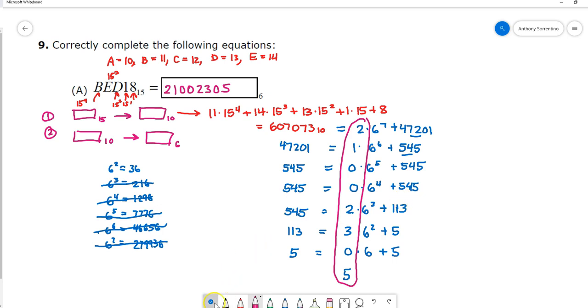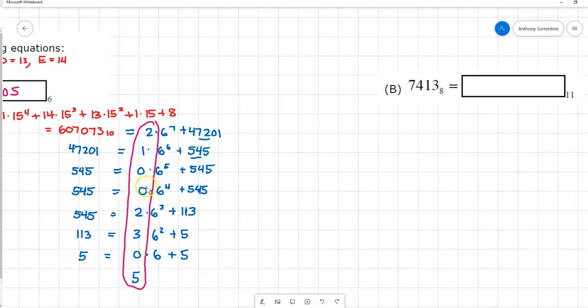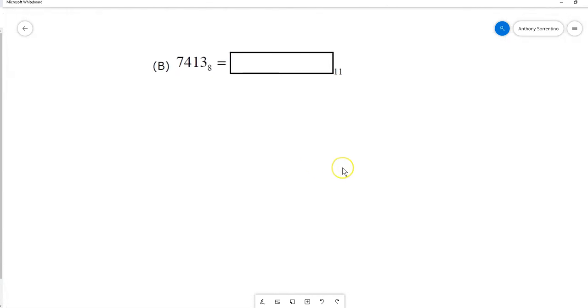So let's try to do that again with part B. 7413 sub 8, which means this is the number in base 8. So when I look at this, again, I'm going to do the conversion to base 10. Here we go. 7413 base 8 indicates, well, so again, this is my units, this is my 8 to the 1st, this is my 8 squared, this is my 8 cubed.